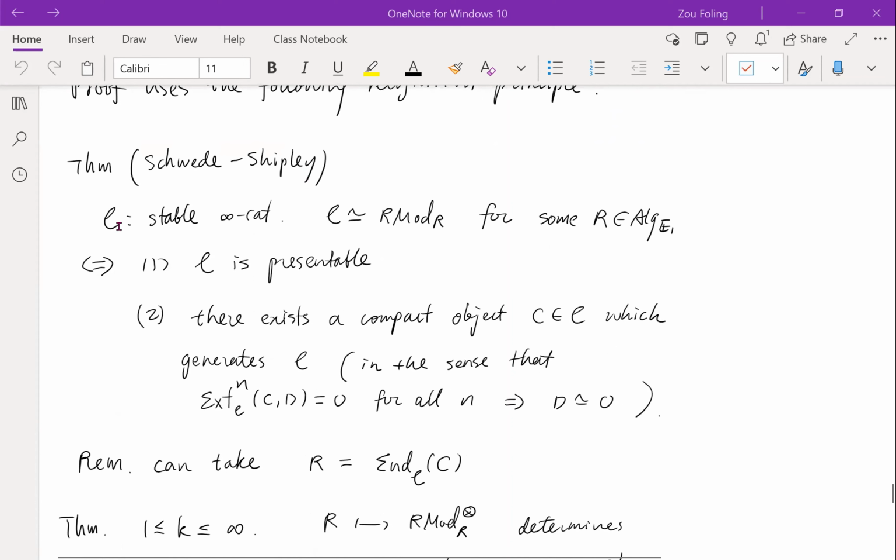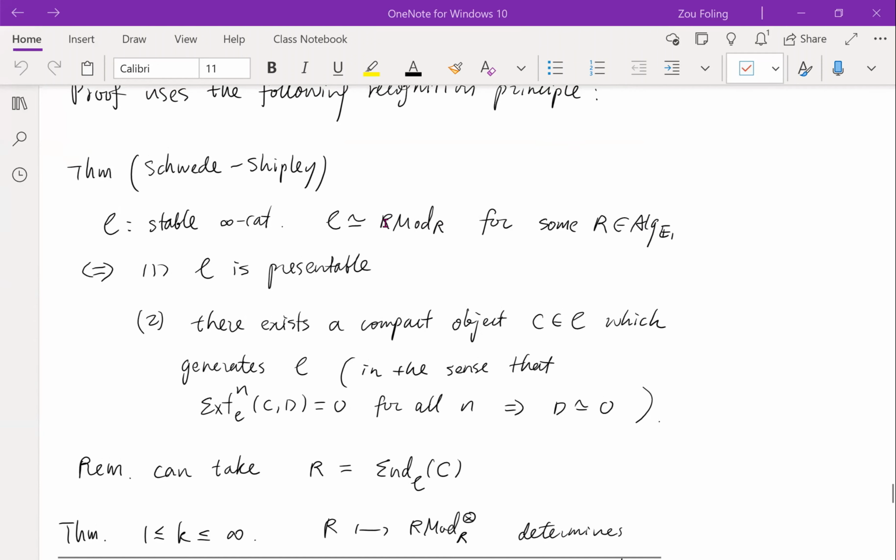It says that if you have a stable infinity category, how do you know when it is a module category for some E1 ring spectrum? The right module category and left module category are equivalent.